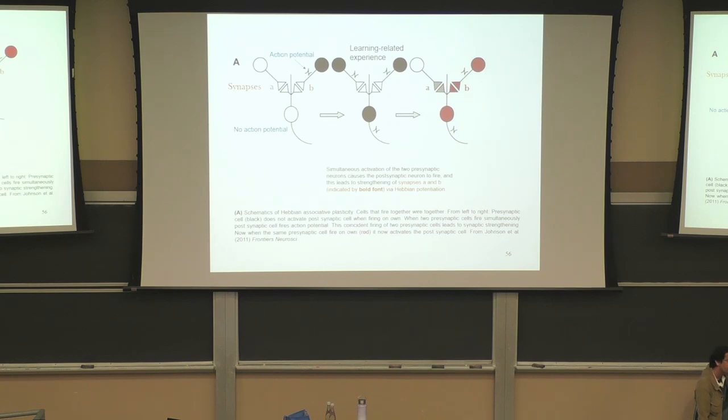So would synapse A also have the same impact, or is it specifically B as opposed to A? Here they're not showing what happened to A, but if A was also weak before and then with the pair stimulation it was enough to activate the output cell, then A would also presumably be strengthened. But it could also be that A is already very strong and capable of driving it.